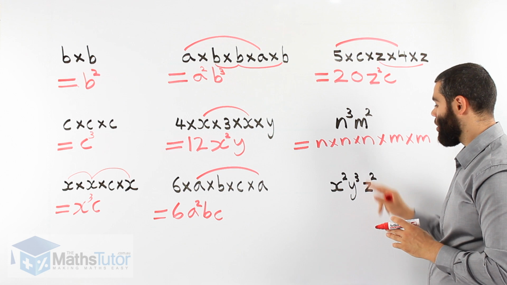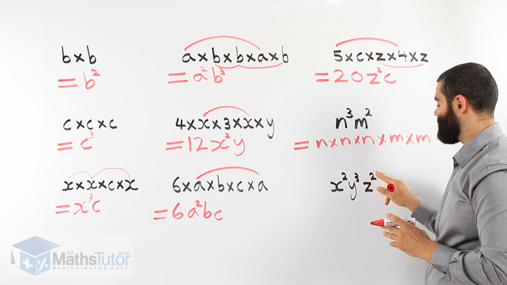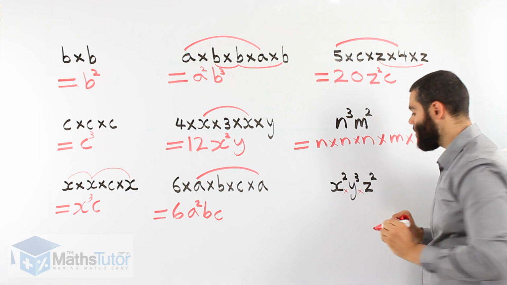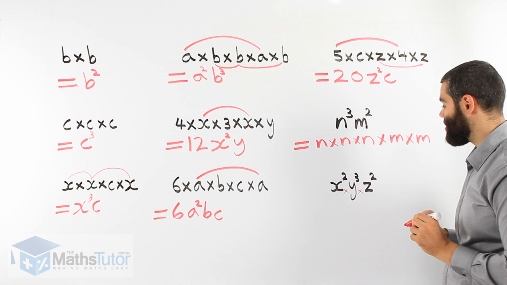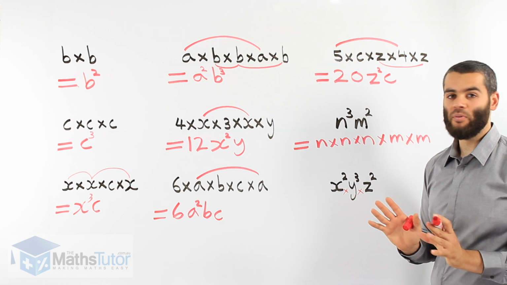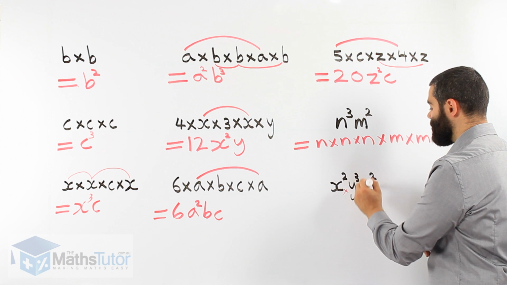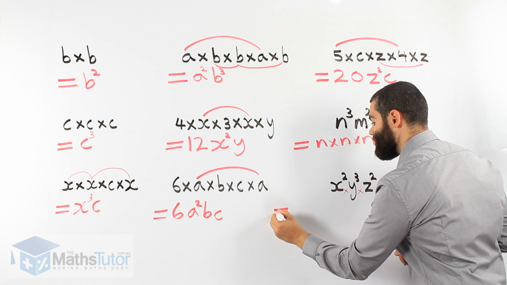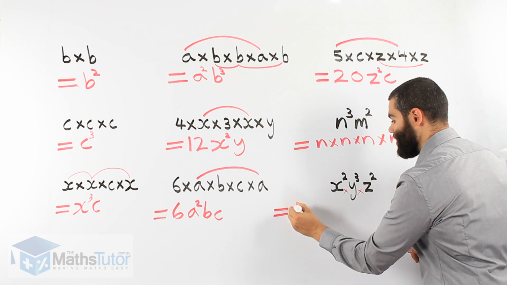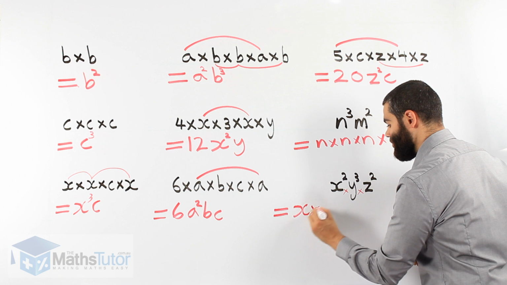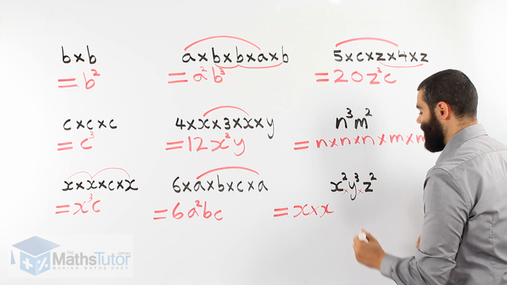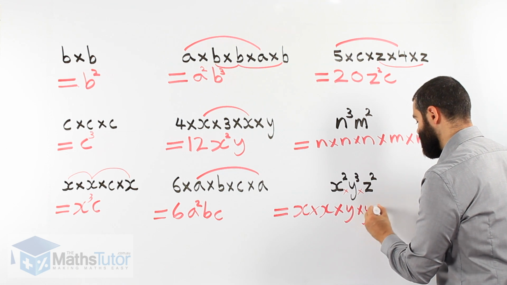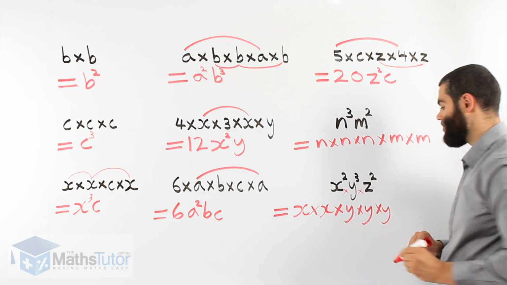x squared, y cubed, z squared. We know there's a multiplication. We always know that. Between the pronumerals, there's always a multiplication. If there's nothing there, we know straight away it means multiply. x squared times y cubed times z squared. Okay, let's do it. x squared meaning x times x. y cubed meaning y times y times y.